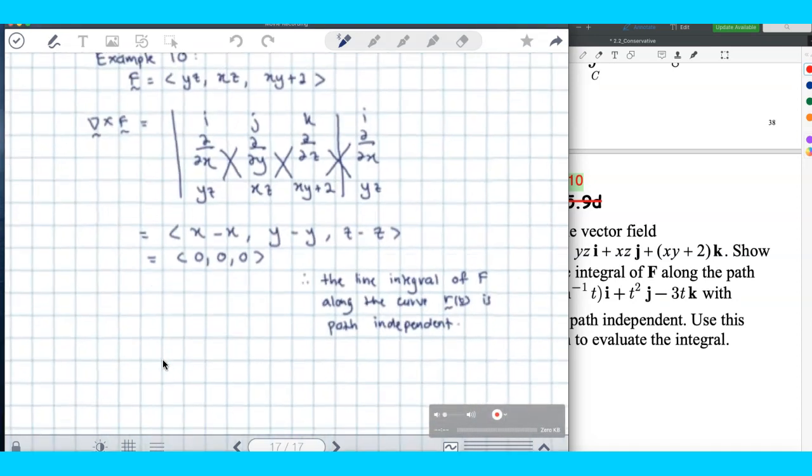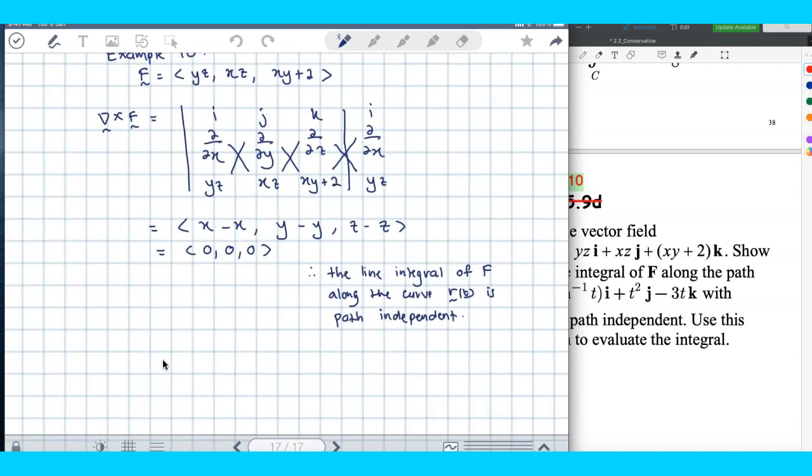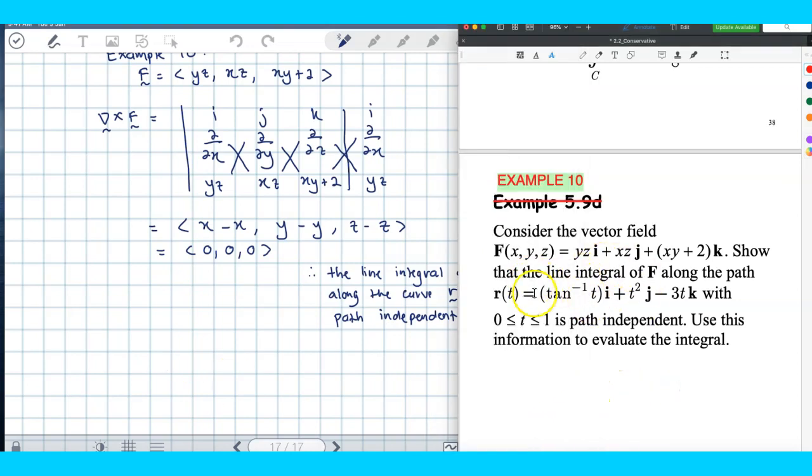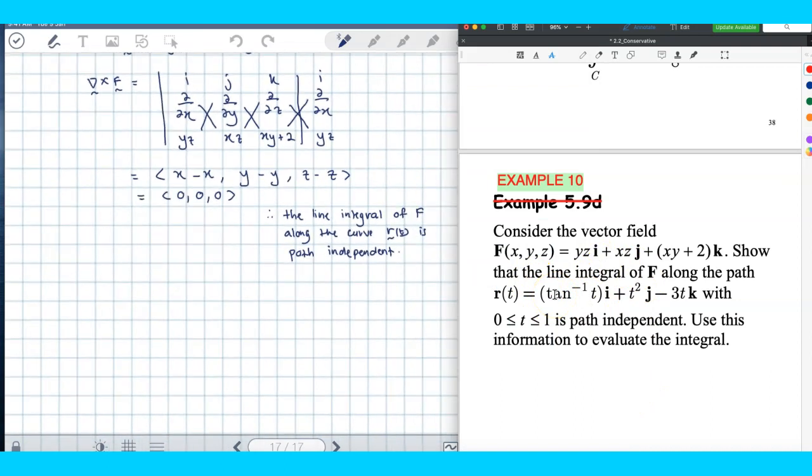At the same time it is a conservative vector field. So use this information to evaluate the line integral of F dot dr.